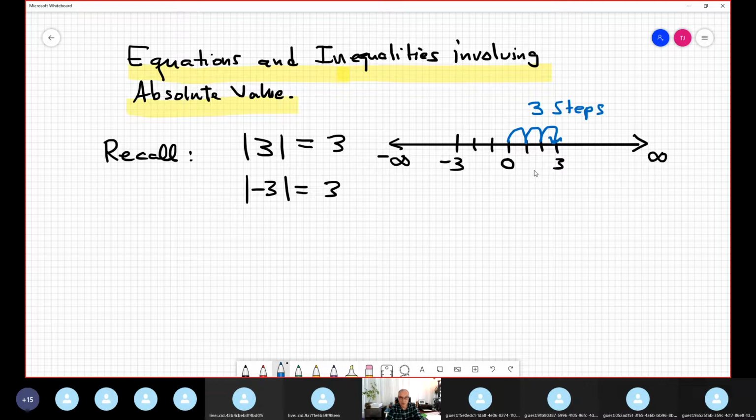And what is the distance between negative 3 and 0? Always the reference is 0. It is exactly the same, 1, 2, and 3. 3 steps. And when you're talking about distance, this word is important. Distance is always a positive quantity.